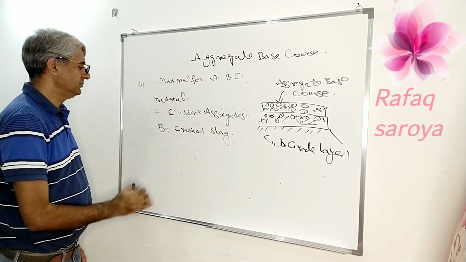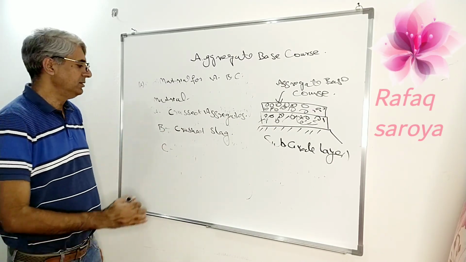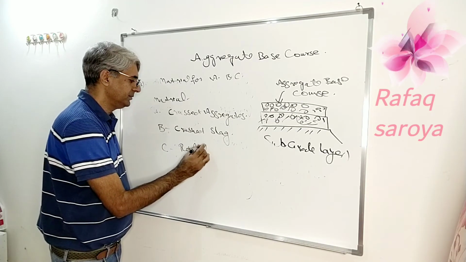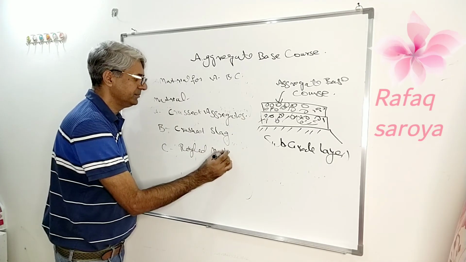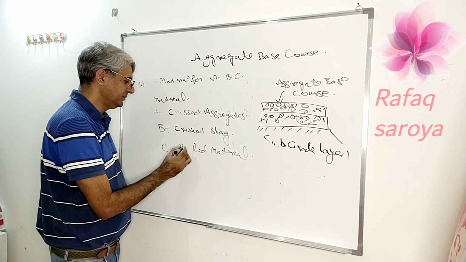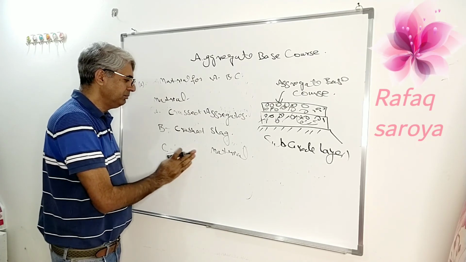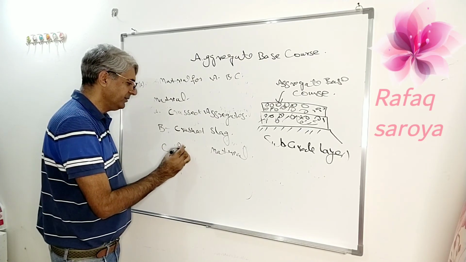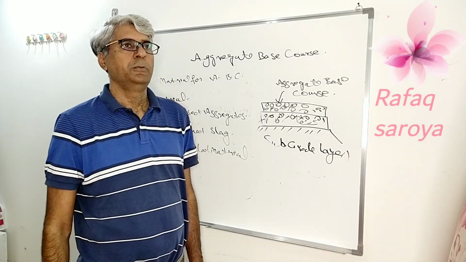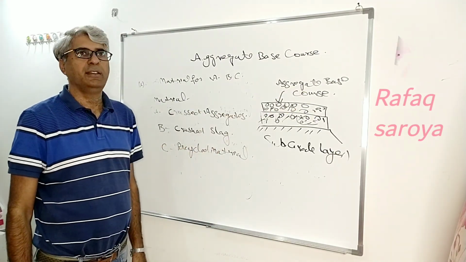C, recycled material. So these are the commonly used materials for making this layer known as the aggregate base course.